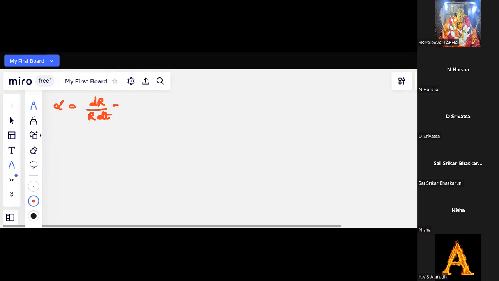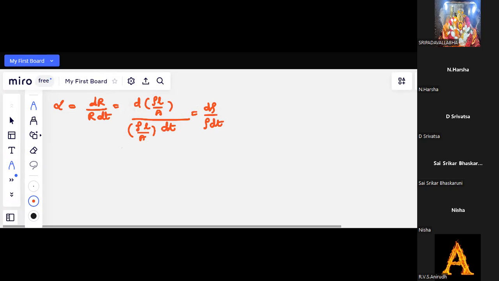Why? Because what I have to write here is d of rho L by A upon dT times rho L by A initial. Rho changes with the temperature, length changes with the temperature, area of cross section changes with temperature. All are changing, and directly you can't write this equals d rho by rho into dT unless you take L and A common, taken out and cancelled in the numerator and denominator.